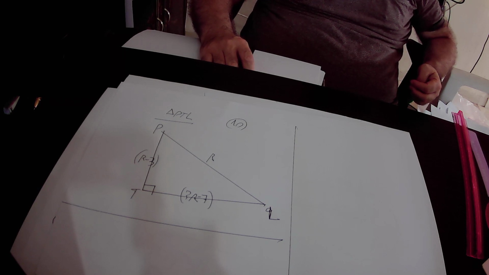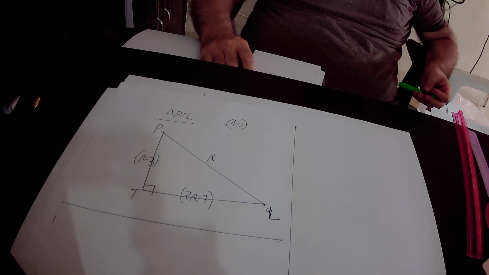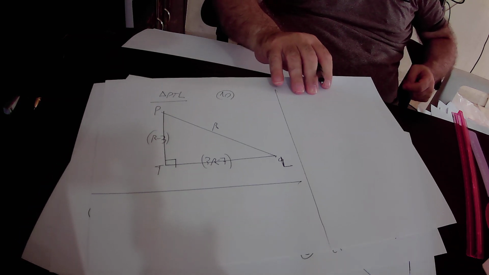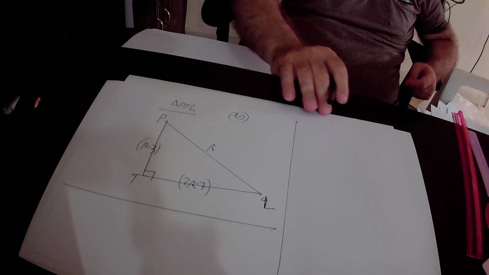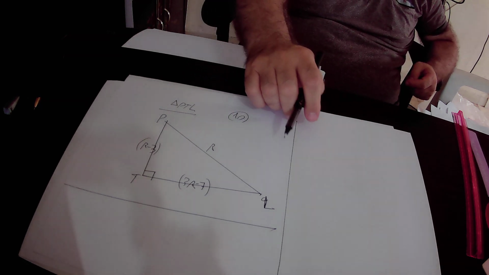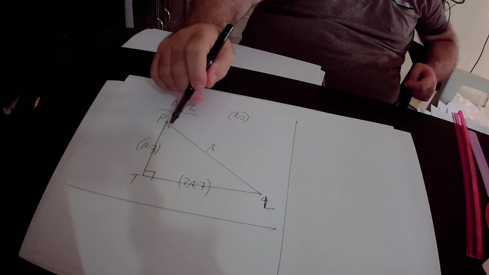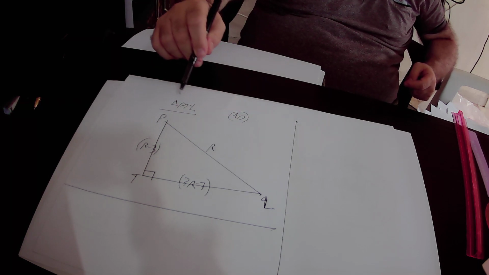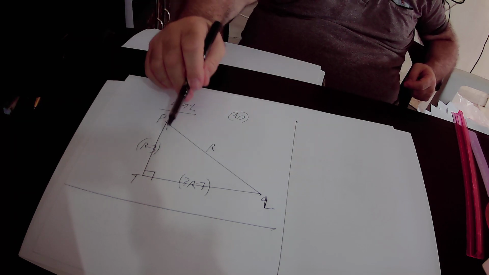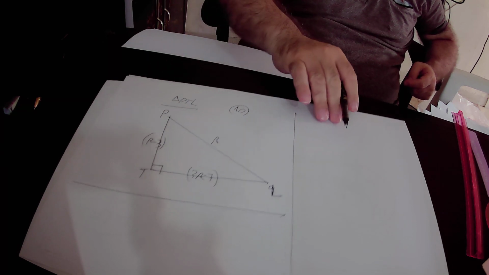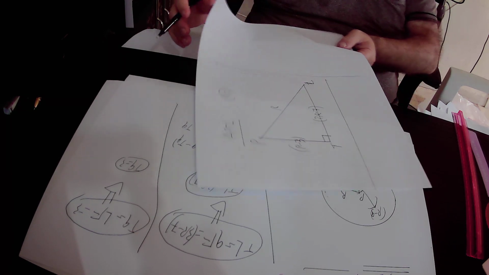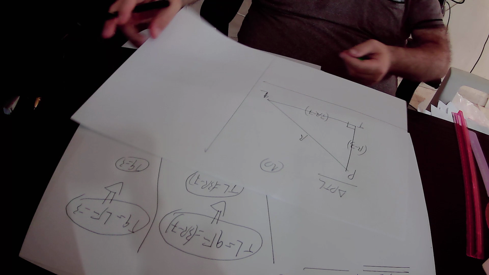According to the Pythagoras theorem, on the right triangle PTL, the square of the hypotenuse equals the sum of the squares of the perpendiculars. So PL square equals PT square plus TL square.